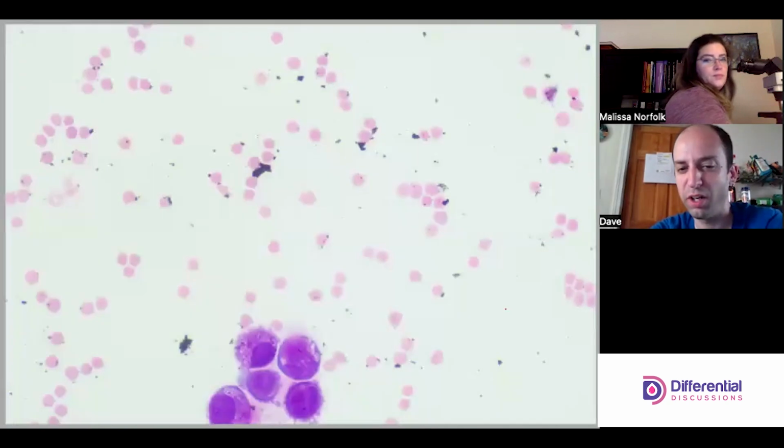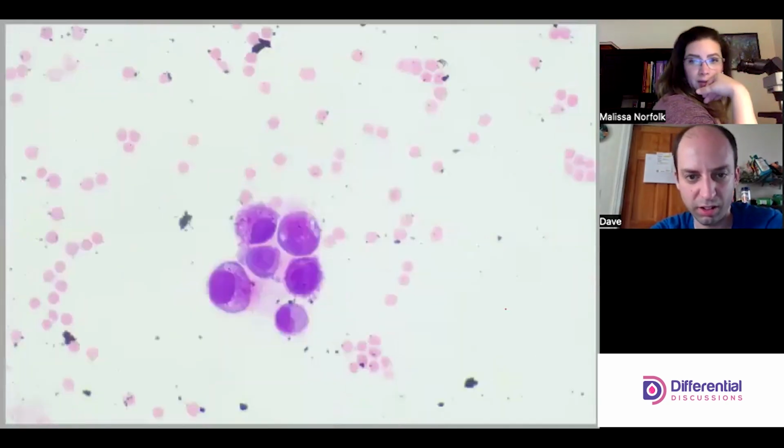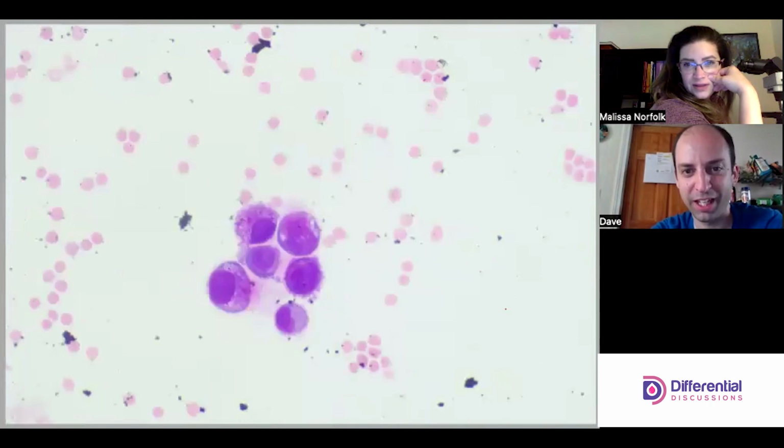We're on 40. Look at the size of these cells on 40. I try to keep it in perspective with red cells, which is a good general tool.